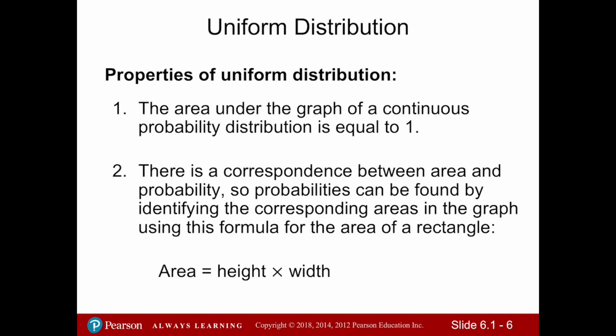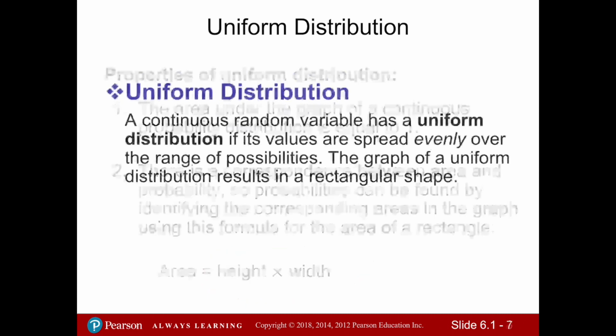And a uniform distribution has a curve that's a straight horizontal line. So the corresponding area will just be the height times the width of a rectangle. And if we can compute the area of this basic geometric shape, that will give us a direct link to the probability of a given event that can be modeled by this area.